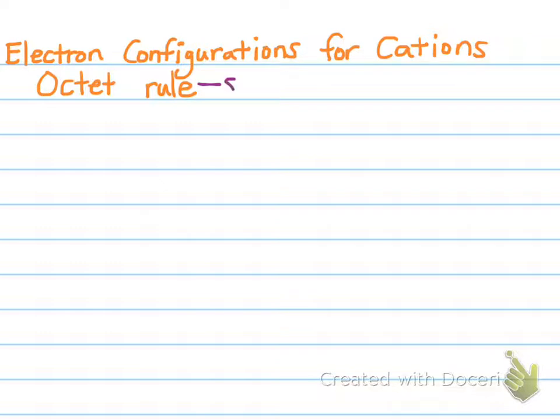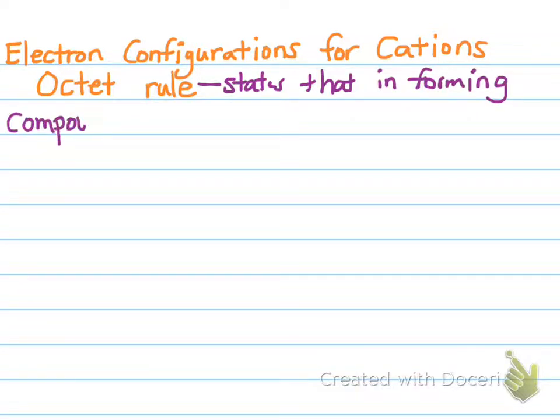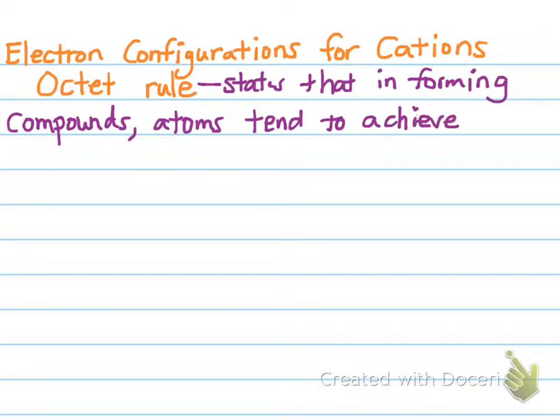The octet rule states that in forming compounds, atoms tend to achieve the electron configuration of a noble gas.